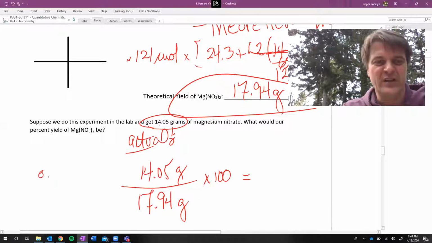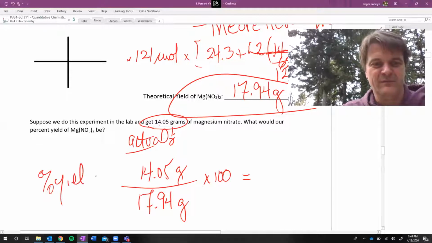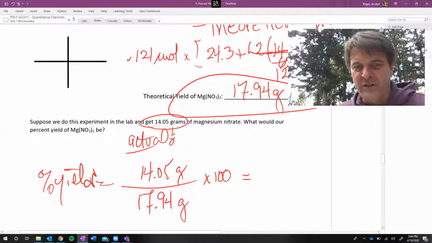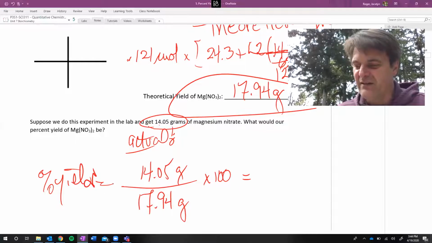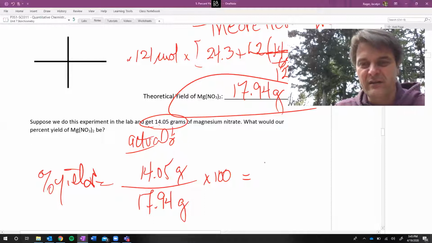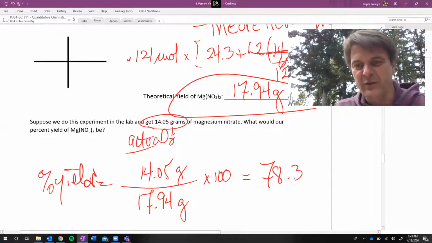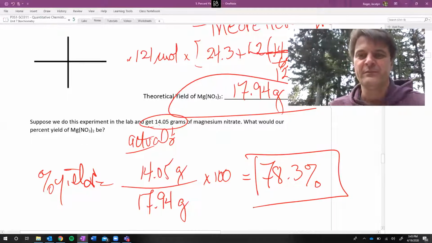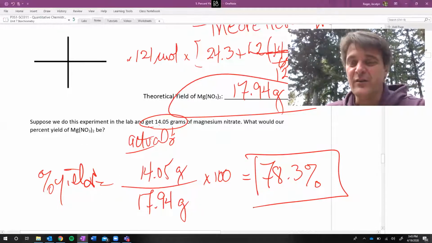This is our percent yield. 14.05 divided by 17.94 times 100 is 78.3%. And that's how you calculate the percent yield.